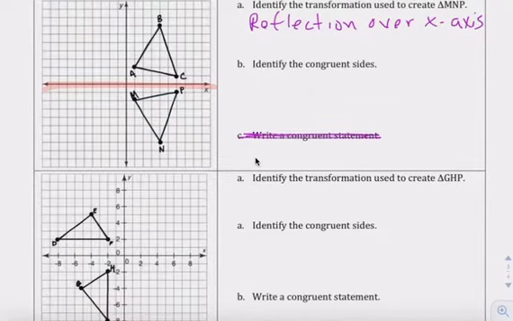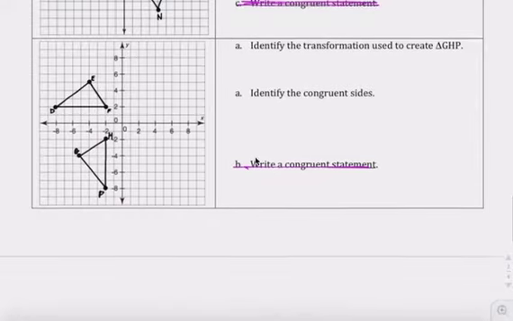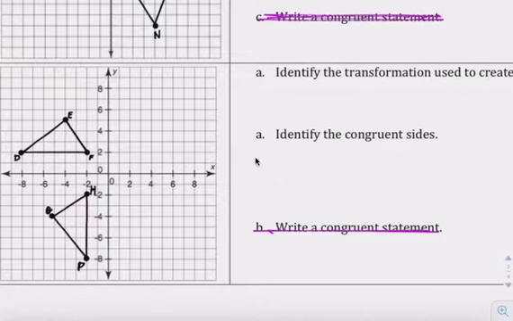Okay, let's do this one here. This one looks like a rotation of 90 degrees. To me, I see it this way, counterclockwise. If you see it this way, it's clockwise, right?